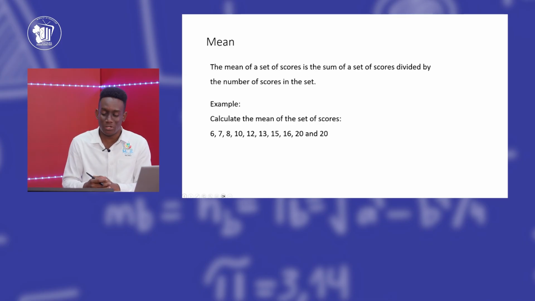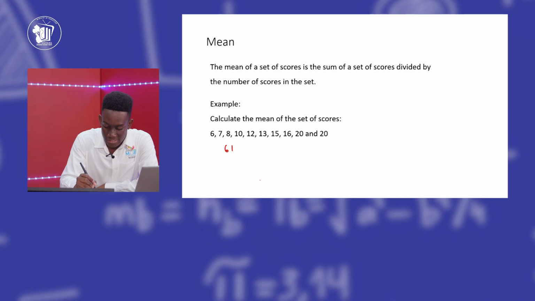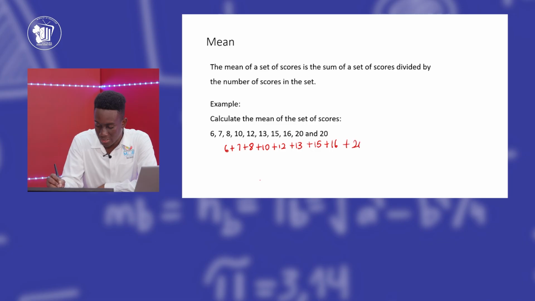Calculate the mean of the set of scores: 6, 7, 8, 10, 12, 13, 15, 16, 20, and 20. To calculate the mean of this set of numbers, we simply add up the 6 plus the 7 plus the 8 plus the 10 plus the 12 plus the 13 plus the 15 plus 16 plus 20, and then we add the last 20.